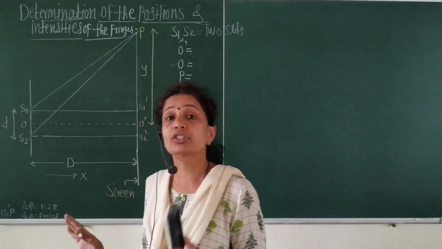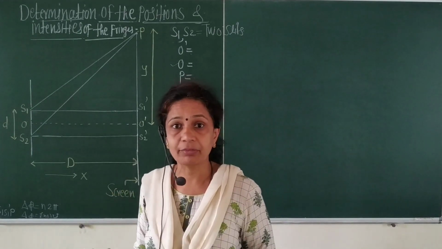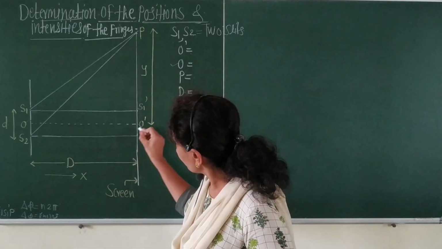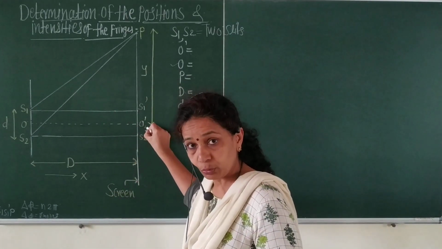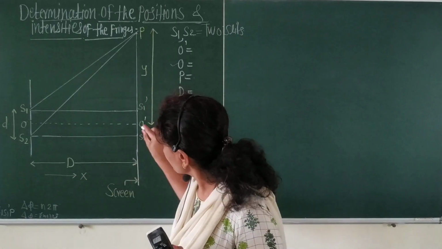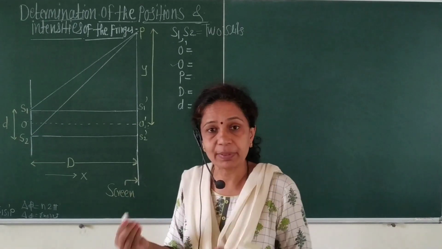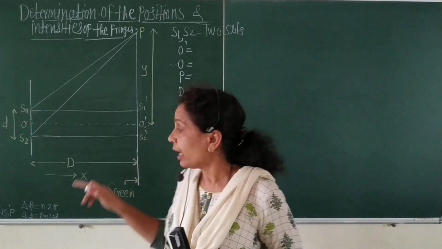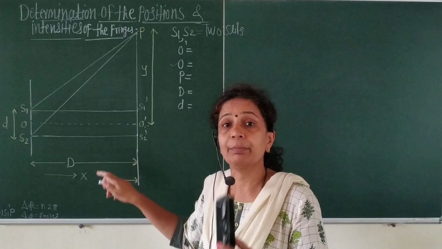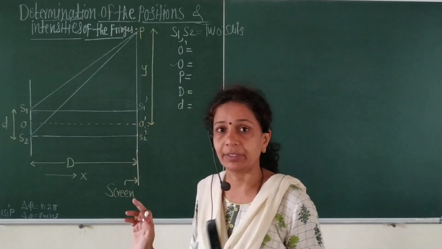Because the path difference is zero, these two waves are in phase. Therefore, O dash will appear as a bright point. Displacement is maximum, therefore the intensity at O dash is maximum.